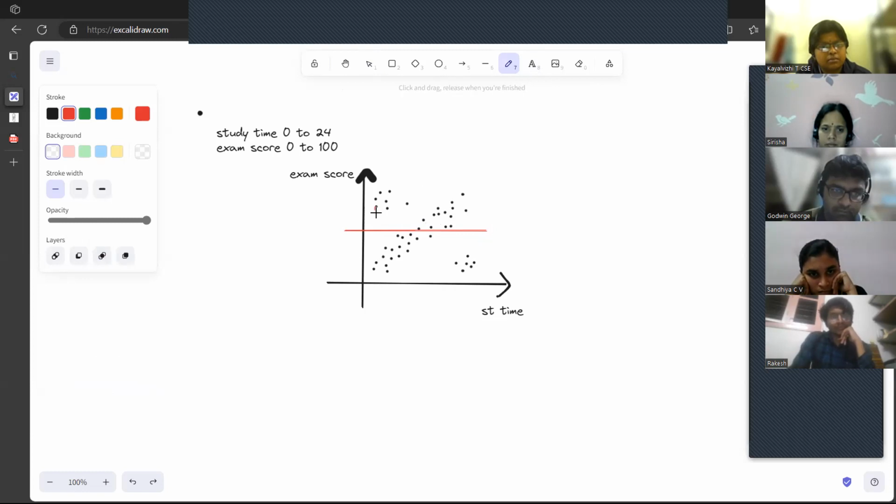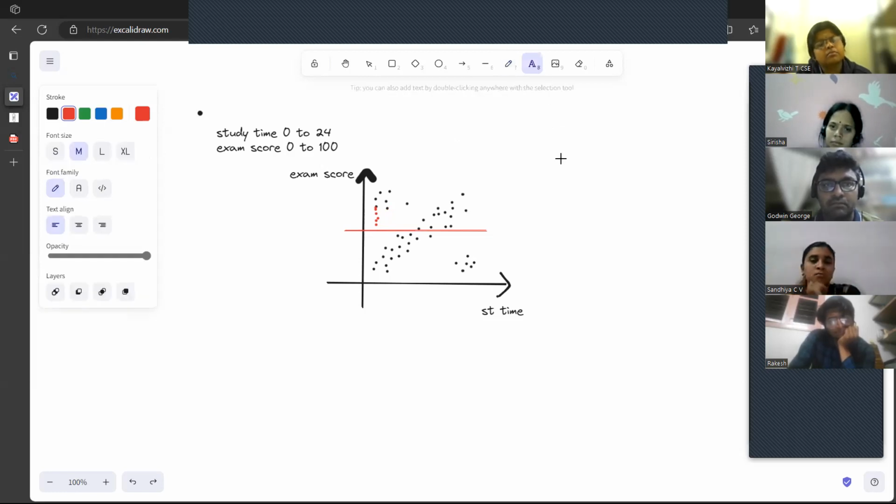The difference between the predicted value and the actual value is called the error. So here this value is the error for this x value. Typically linear regression tries to reduce the error. So how does this error get reduced? Next we see that.